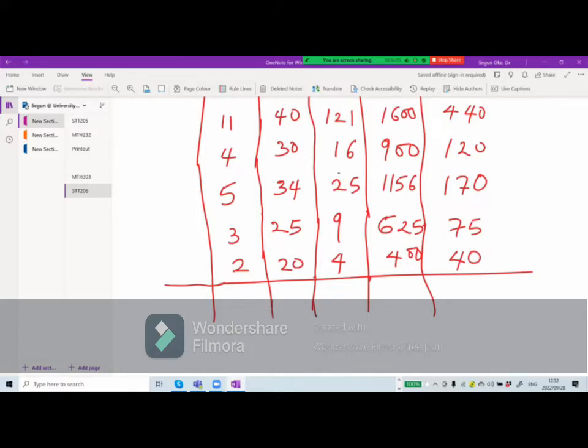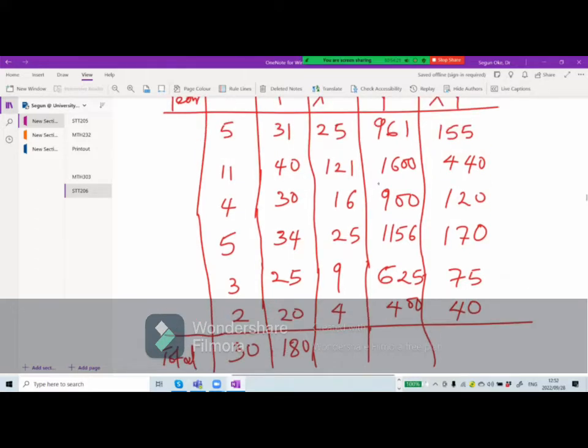Summation X, summation Y, summation XY. The one you sum, let me know. Summation X is 30. Summation Y is 180. Summation X squared is 200. Summation Y squared is 5,642.